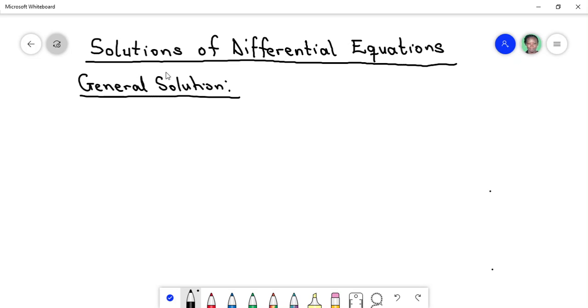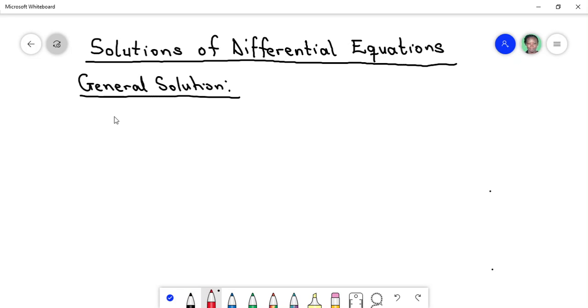In our lesson today, we are looking at solutions of differential equations, and we'll be looking at the general solution. We already said a differential equation involves a differentiable function and one or more of its derivatives.